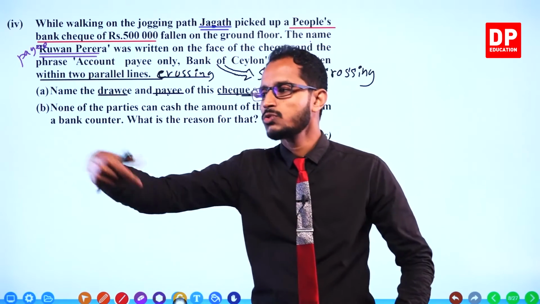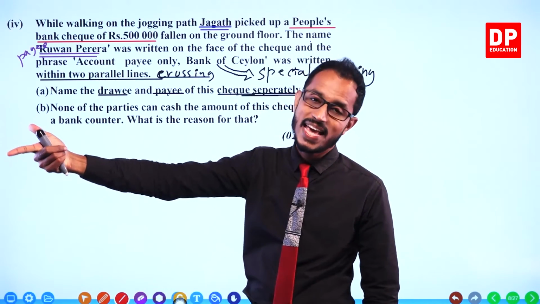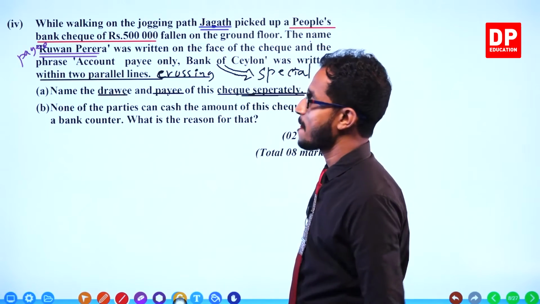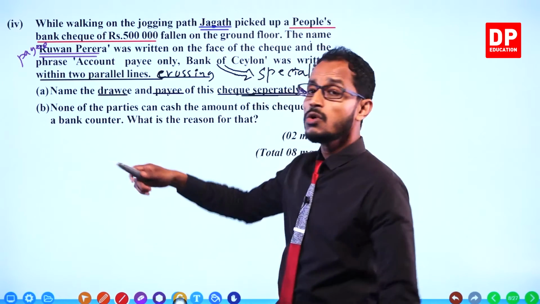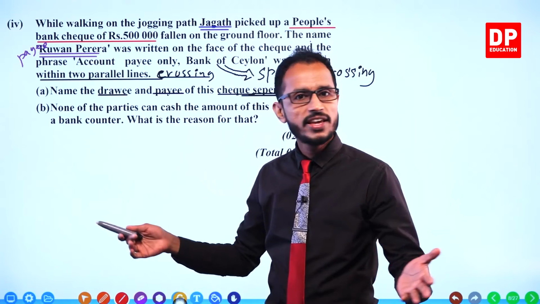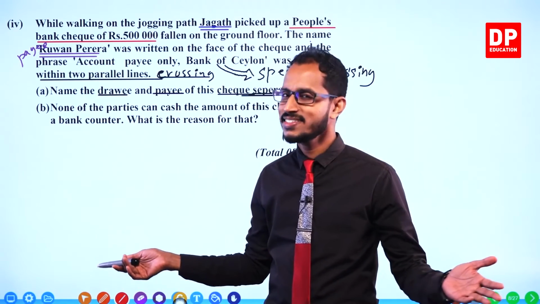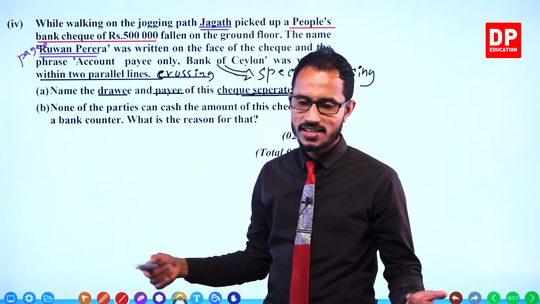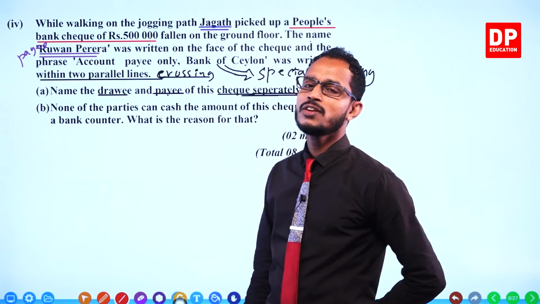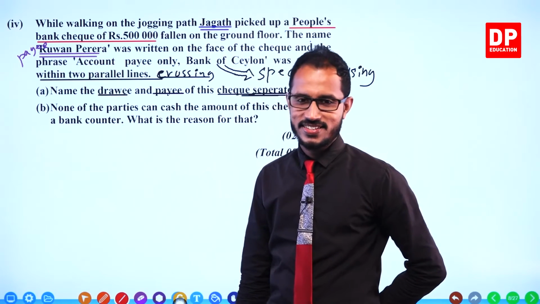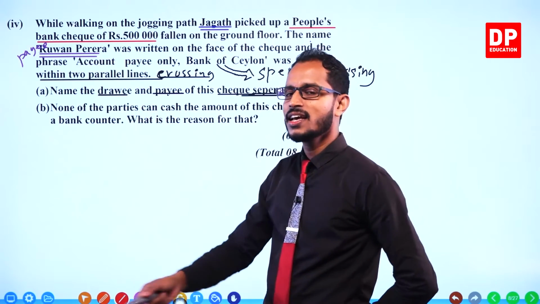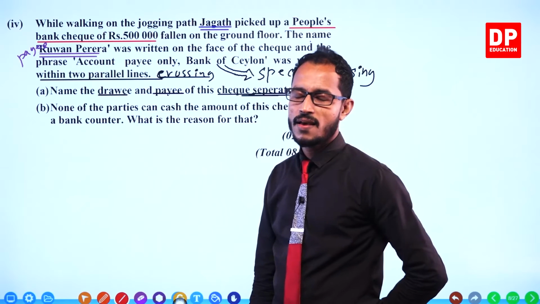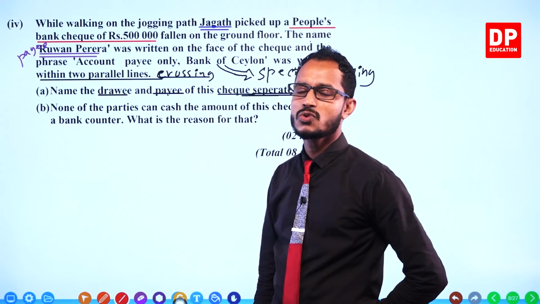I gave the check to Ruan Pereira. He's the payee. So name the drawee. Who's the drawee? The drawee is always a bank. Which bank? The bank of the drawer.